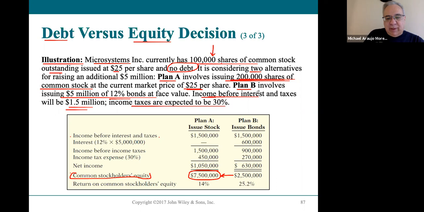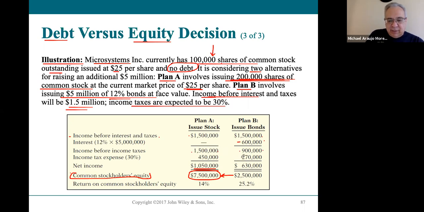If they went with Plan B, they would have an interest expense. Here they have a profit of 1.5 million in both cases. If they just issued stock, their net income would be quite high because nothing would change. If they issued bonds, they would have to pay an interest expense, which would lower their taxable income to 900,000 from 1.5 million.